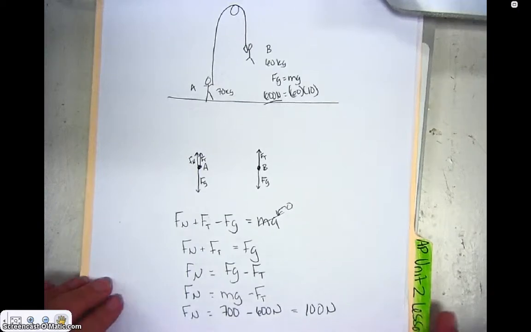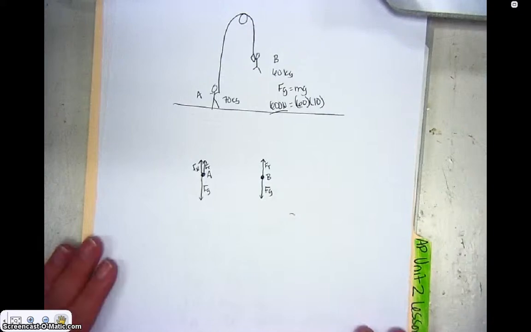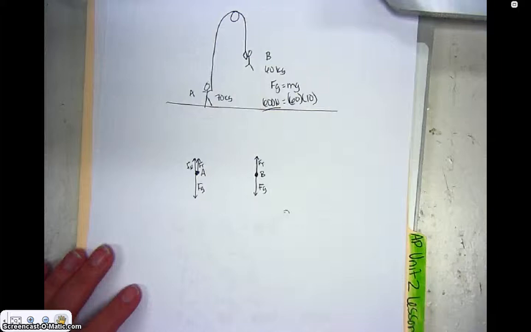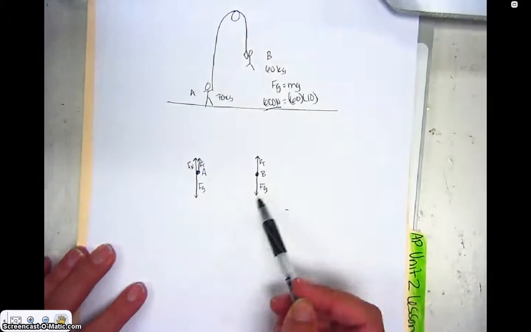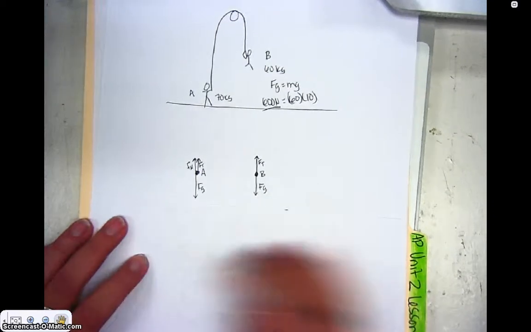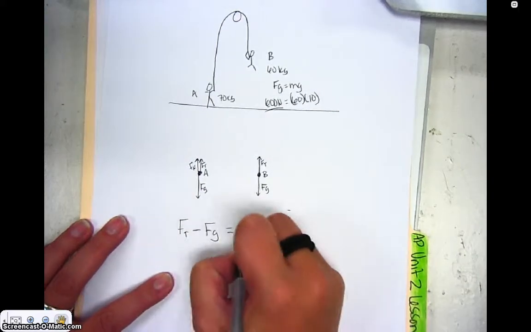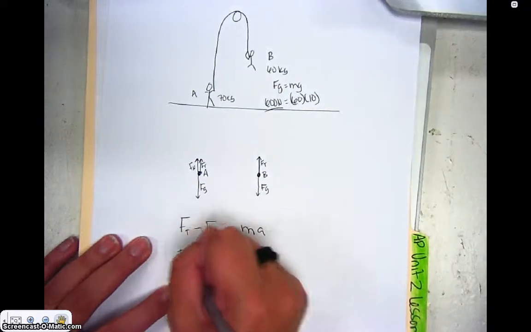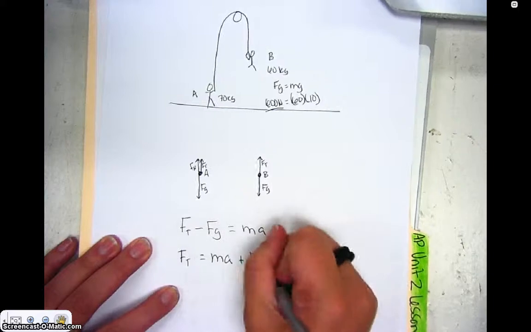Now for the next part, it asks me to look at the scenario where this kid is climbing up and accelerating up off the ground, and you want to know the tension that he is creating here. We're going to use his free body diagram to figure out the tension. In this case, force tension minus force gravitational is equal to mass times acceleration. I want to solve for force tension, so force tension is equal to mass times acceleration plus Fg.